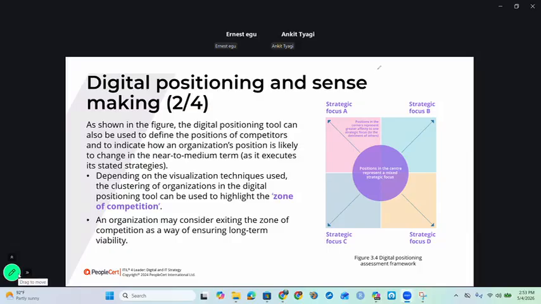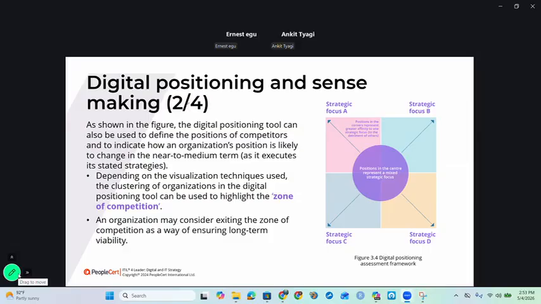Right. So they say, as shown in the figure, the digital positioning tool can also be used to define the position of competitors and to indicate how an organization's position is likely to change in the near to medium term as it executes its stated strategies. Now, apart from my own organization, we can also position the competitors in here.